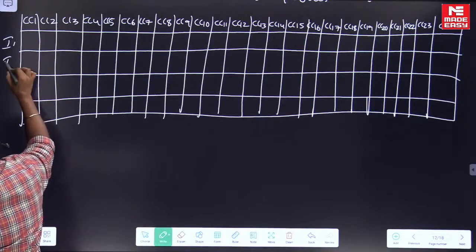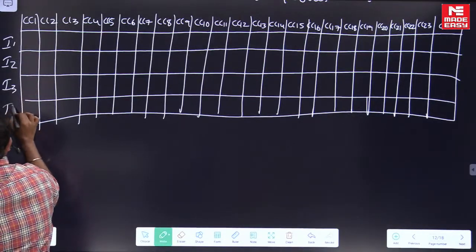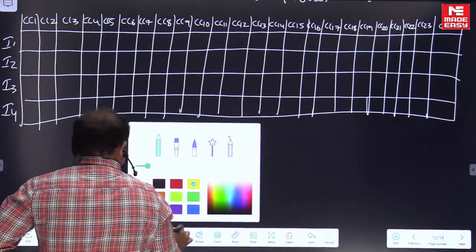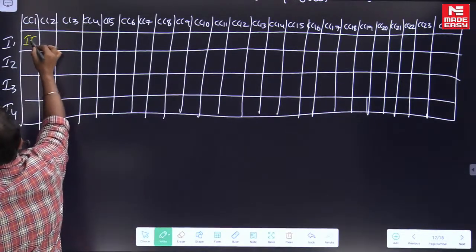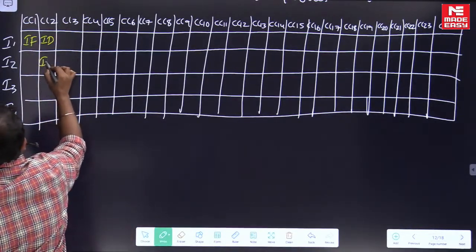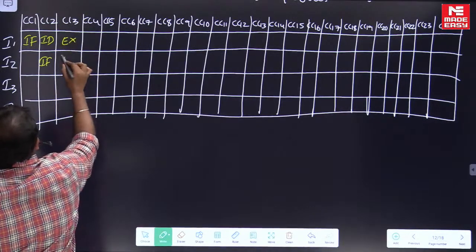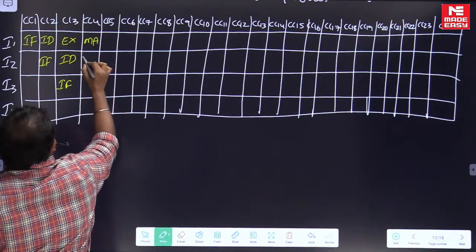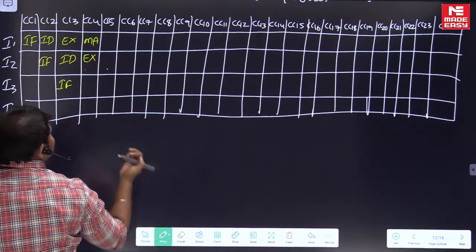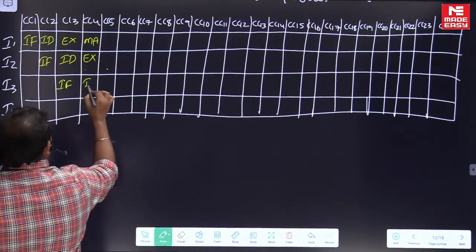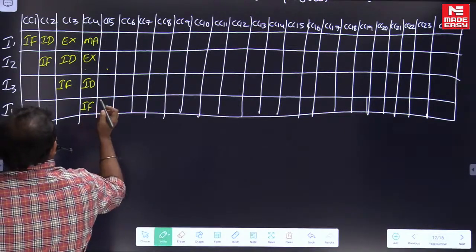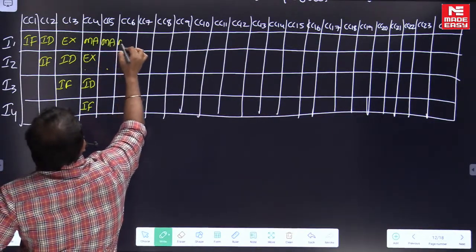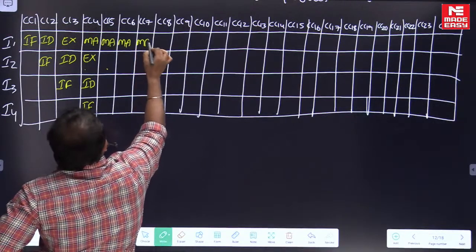I1, I2, I3, I4. 4 inputs. Right? Proceed. This is IF, ID, IF. Okay. Then EX, ID, IF. Okay. Then this is MA. Here it is EX, because there is no dependency between I2 and I1. So ID, IF. Okay, so this is taking 4 cycles, MA, MA, MA.